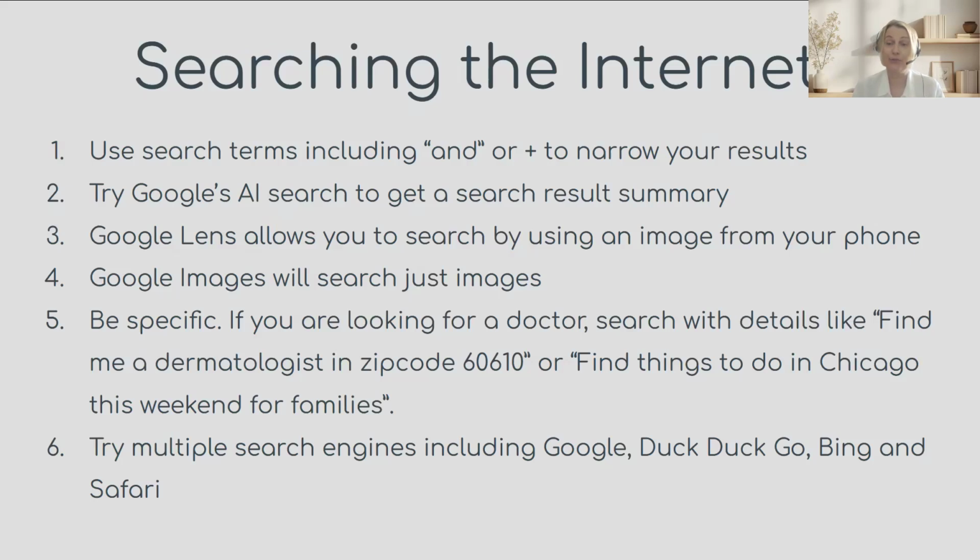It doesn't save your search results, and it doesn't save any information that you might type into a form. You can also use Bing, which is the search engine web page for Microsoft Edge, which is another internet browser. You can also use Safari, especially if you have an iPhone and you open up Safari to connect to the internet, you can type right into Safari for whatever you're looking for.